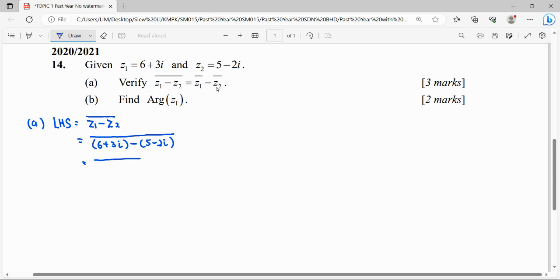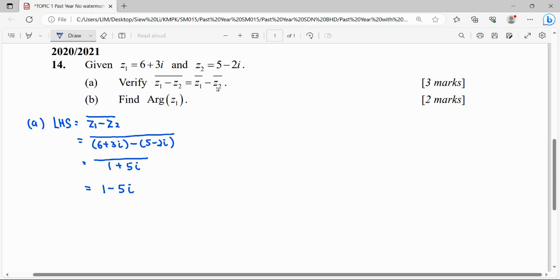So it will be conjugate of the answer 1 plus 5i. To conjugate it, we will get 1 minus 5i. So this is our left hand side answer.